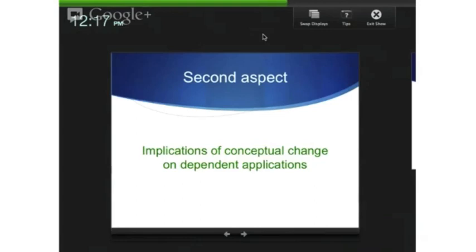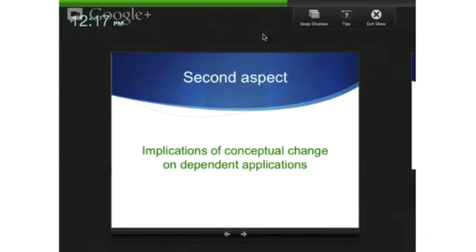Moving on to the second aspect of my problem. As I mentioned just now, ontologies are linked to other applications and structures. They're not standalone. There are a lot of resources that use ontologies as their backbone to support computational reasoning or to share common understanding.